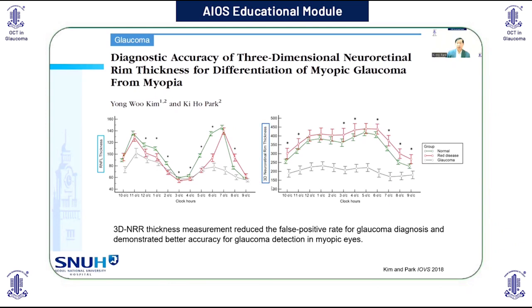But 3D neuroretinal rim thickness clearly differentiated glaucoma from red disease and glaucoma from normal as well. So compared to the RNFL thickness, 3D neuroretinal rim thickness clearly differentiates glaucoma from normal and red disease.